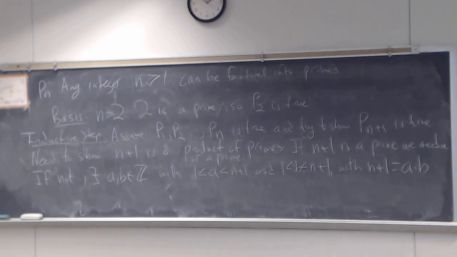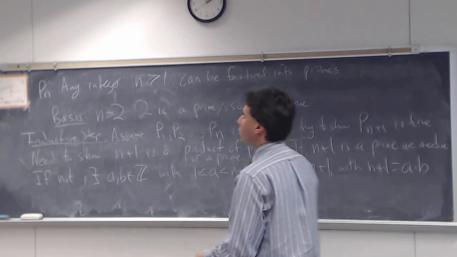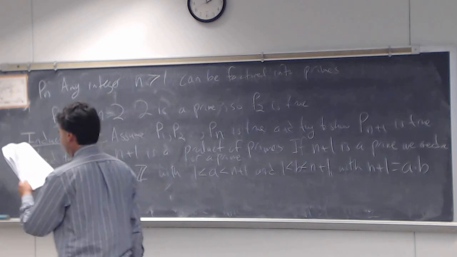A prime means there's no other divisors except for 1 and n plus 1. That's what it means for n plus 1 to be prime. So if we assume n plus 1 is not prime, it's got to have a factor that's strictly greater than 1 and strictly less than the number itself.